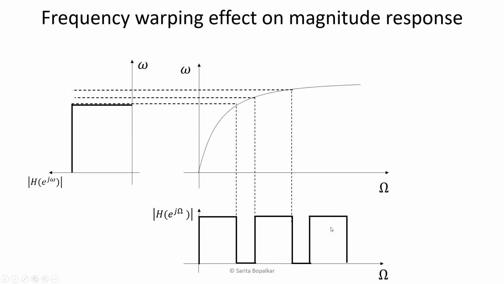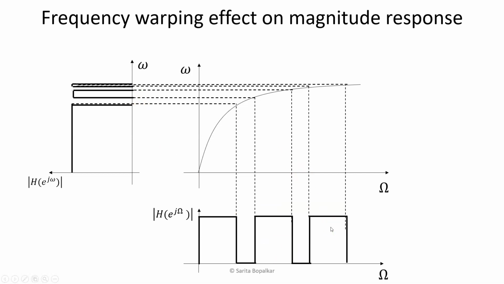Now let's take these higher frequencies. You can say here the higher frequencies are more compressed. So here this large frequency range we are mapping only to the minus pi to pi digital frequency range using this non-linear relation between analog frequency and digital frequency.